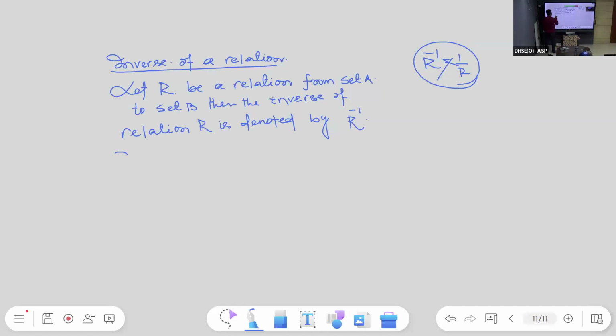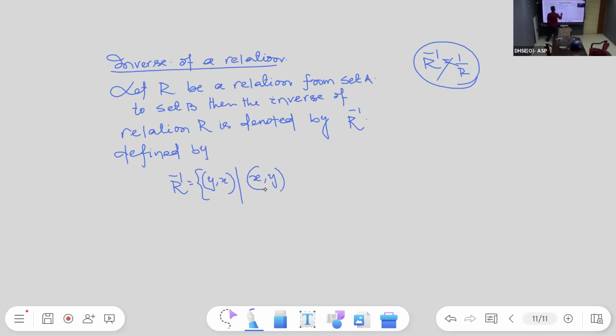And defined by: R inverse is the set of all YX ordered pairs such that XY ordered pair belongs to R. Clear?